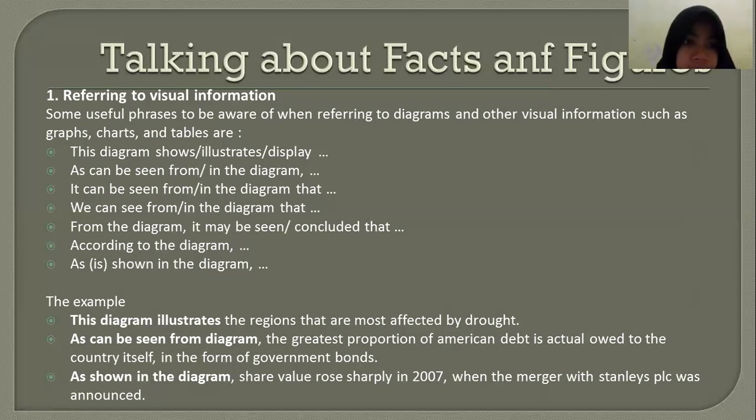Some useful phrases to be aware of when referring to diagrams and other visual information, such as graphs, charts, and tables are: this diagram shows, illustrates, or displays; as can be seen from the diagram; it can be seen from the diagram; we can see from the diagram that; from the diagram it may be seen or concluded that; according to the diagram; as shown in the diagram.